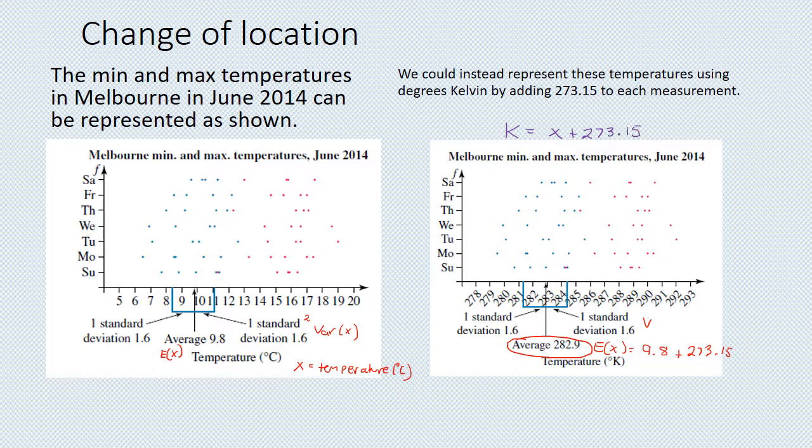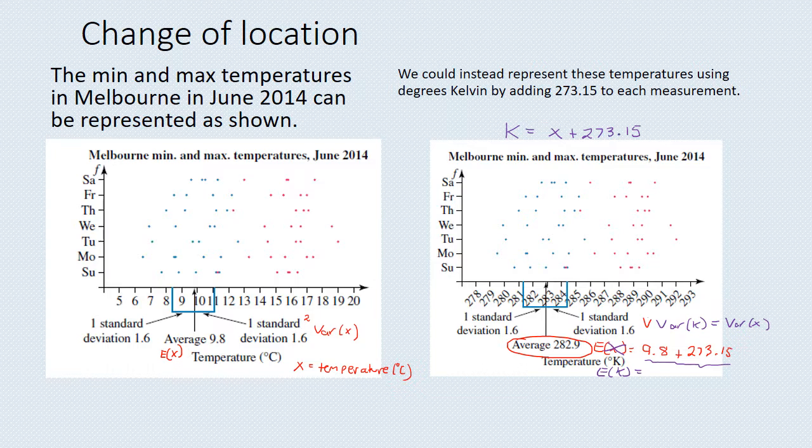What that means is that E of k is what we should have said instead of E of x. E of k is equal to this value here, 9.8 plus 273.15, and the variance of k is actually the same as what we had before. It's the same as the variance of x. We can notice that because the spread of the data is the same.